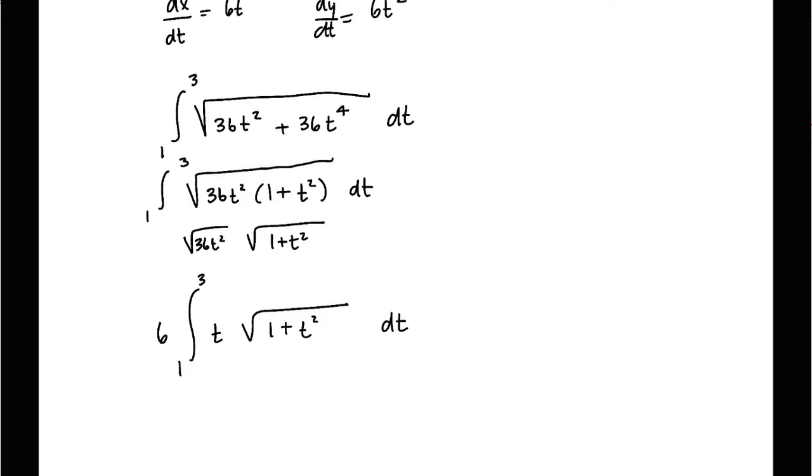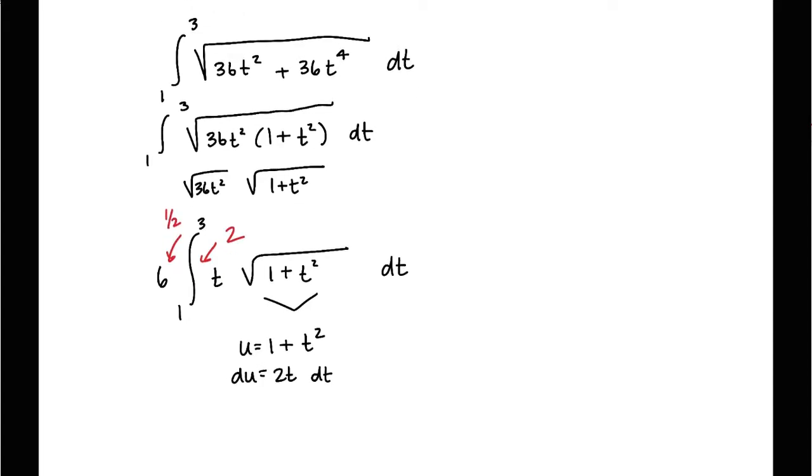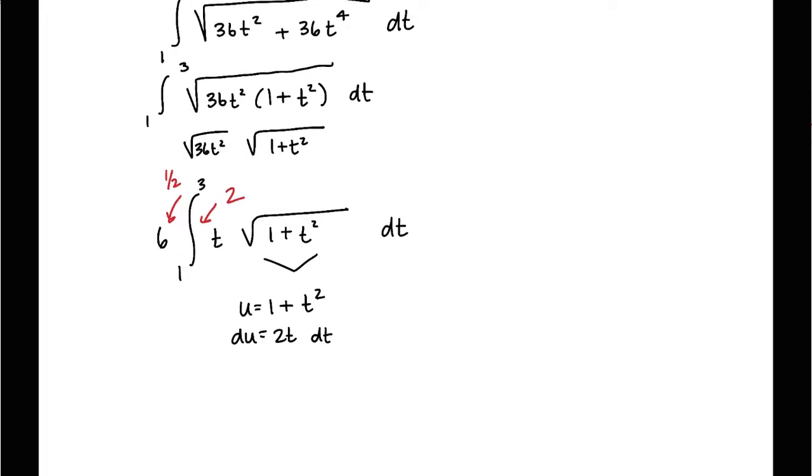Okay, the reason I think that that is particularly helpful is because I can now see that I have a u-sub opportunity. So if I let my u be 1 plus t squared, my du would be 2t dt. And if I add in a correction factor of 1/2 to the outside of the integral, I now have my u-sub ready to go. So if I do my u-sub, remember I also have to change my limits.